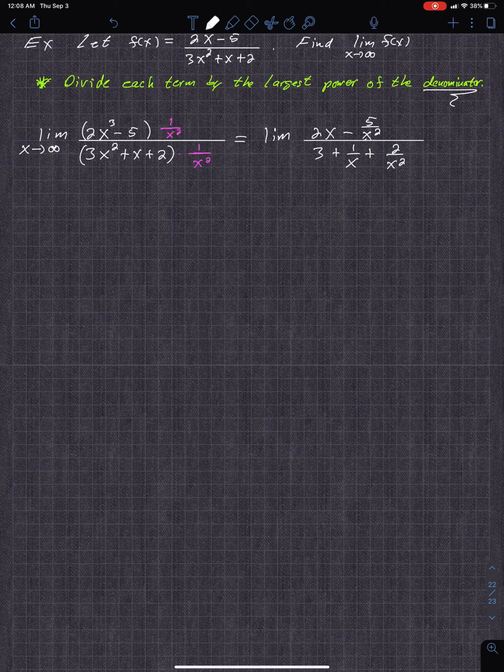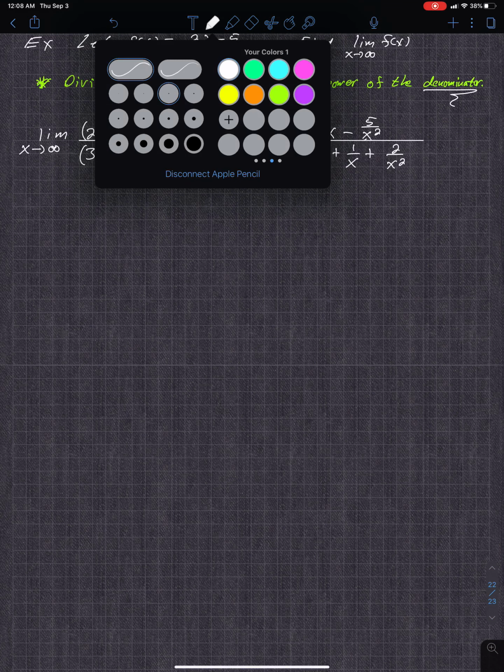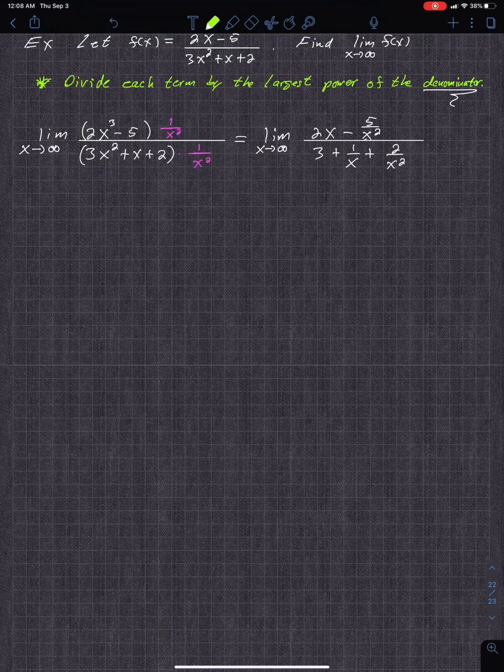All right, so when you take this limit now, oh, and I forgot to write x approaches infinity. When you take this limit, we want to see that all of these, that goes to 0, that goes to 0, and that goes to 0. So you're left with basically the limit of 2x over 3.